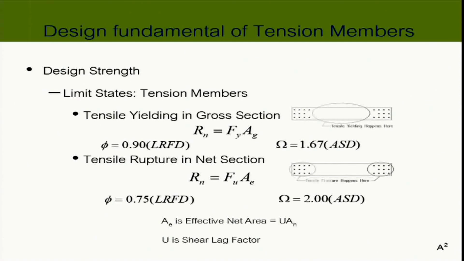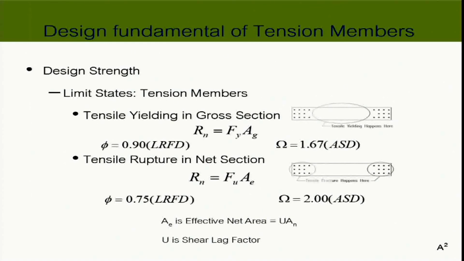You lose some area because you need to punch holes to connect members by the bolts, right? So we can have another possible failure mode, that is the rupture in the net section area, right?